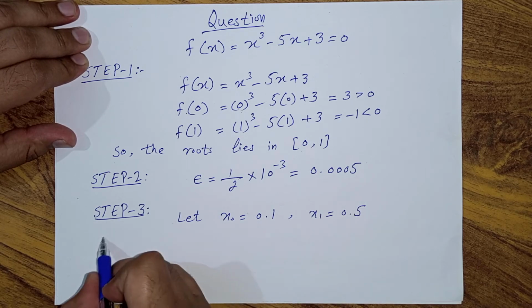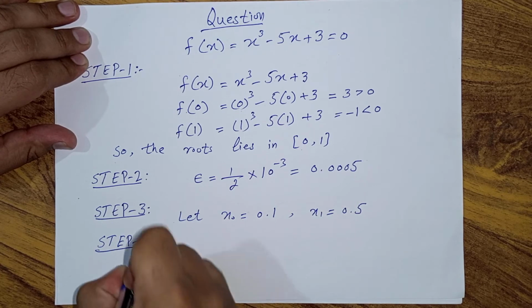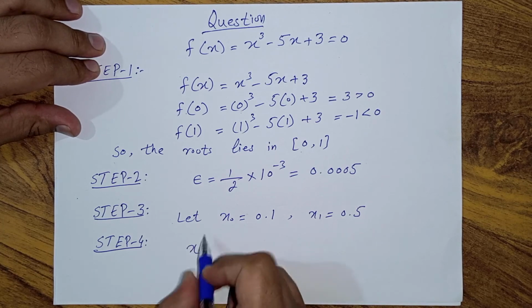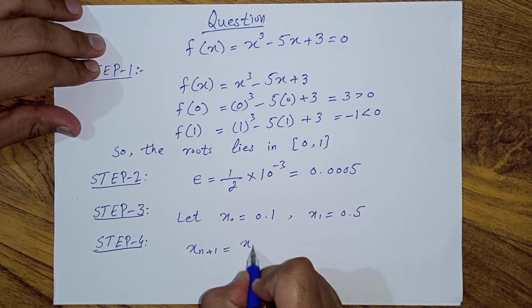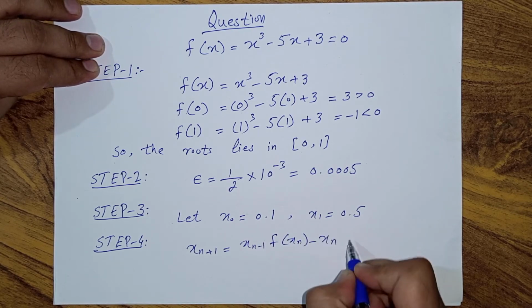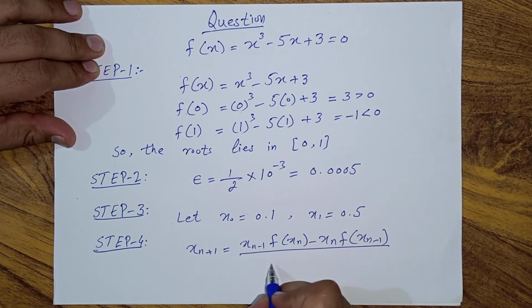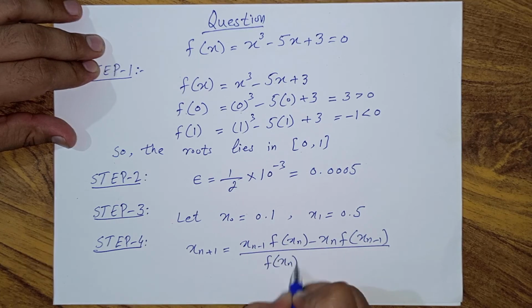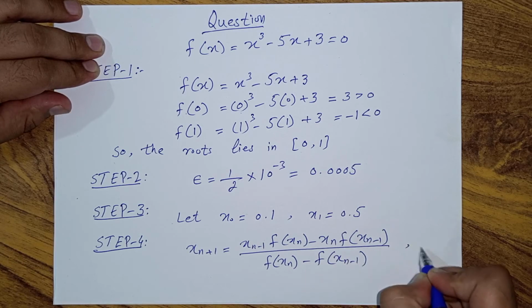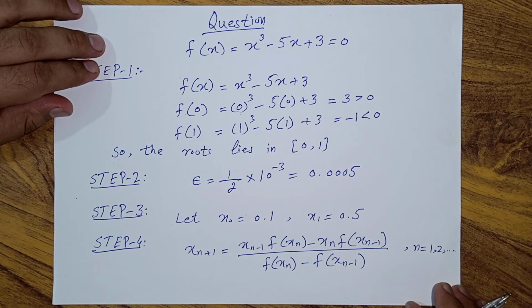Now moving towards step 4. Using the secant formula, x_{n+1} equals x_{n-1} f(x_n) minus x_n f(x_{n-1}) divided by f(x_n) minus f(x_{n-1}), where n equals 1, 2, and so on.